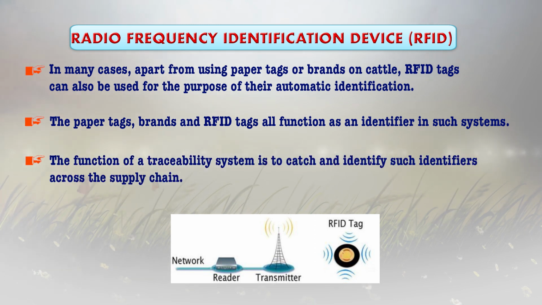The function of the traceability system is especially to capture and identify certain identifiers across the supply chain. It can identify what an item is, its location, and what path such an item has followed. Everything will be recorded with this number, with this technology.